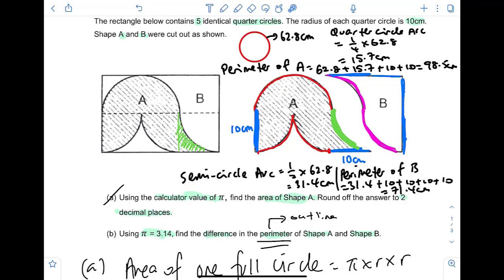So what is the difference between A and B? We do a subtraction.